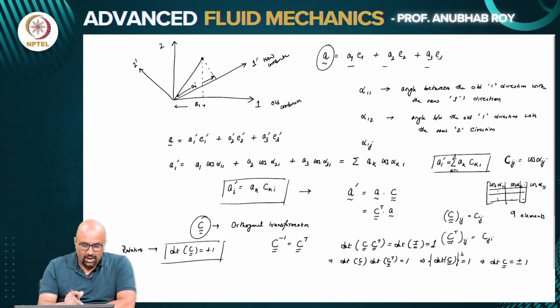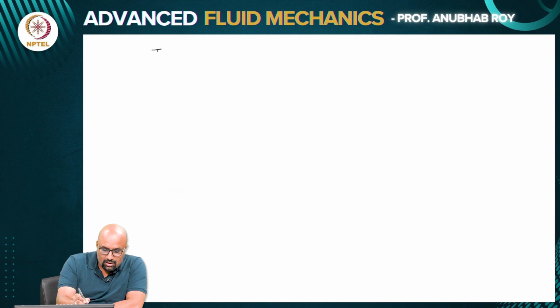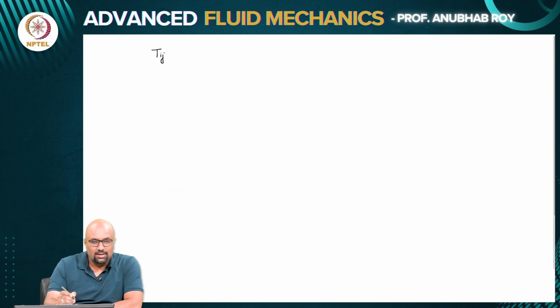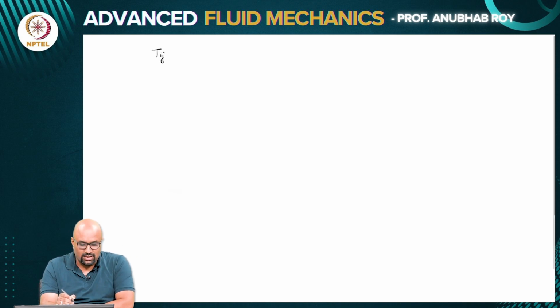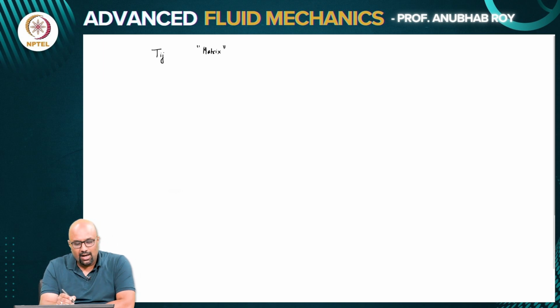So, you could ask: if I apply the same coordinate transformation of rotation to an object which has 2 such indices, how will this quote unquote matrix transform? I am using the analogy with matrix interchangeably.